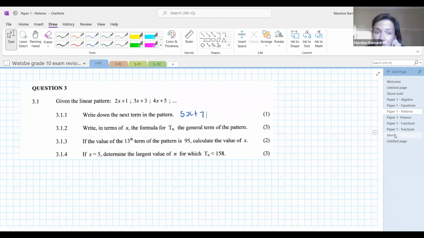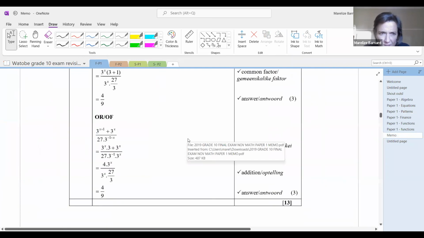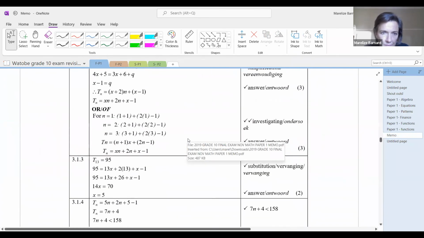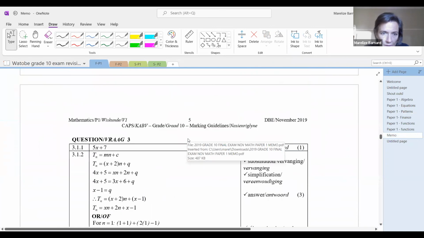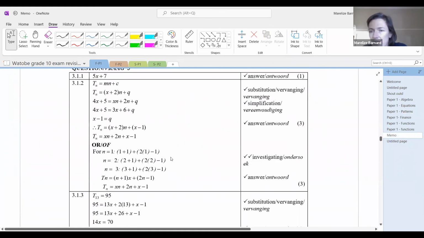If the value of the 13th term is 95, calculate the value of x. We might be running out of time. So I think what I'm going to do is just get the memo for us. Okay, so you're welcome to take a screenshot of the memo.